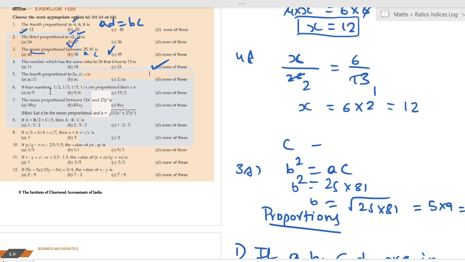So guys, similarly 5, 6, 7 you can do. Let me see what are the problems that have the same model. 5, 6, 7 have the same model.